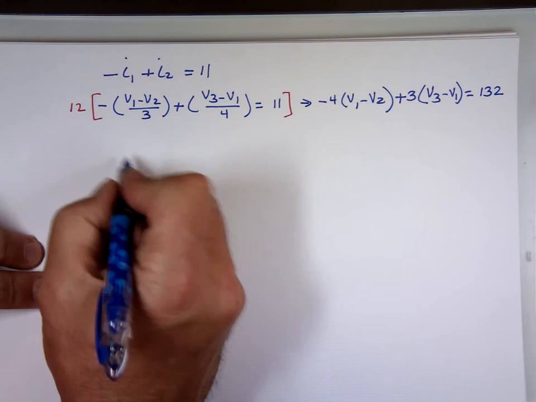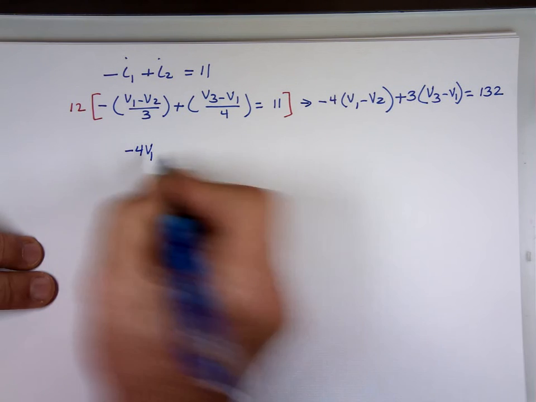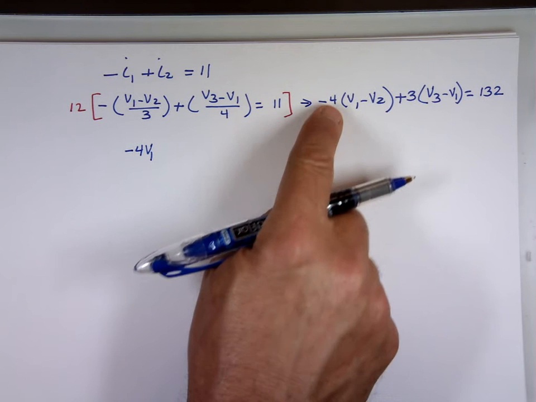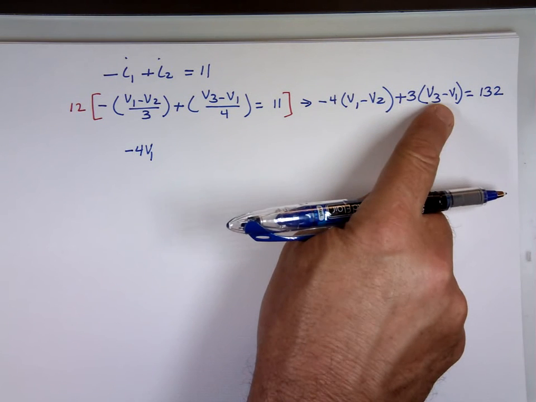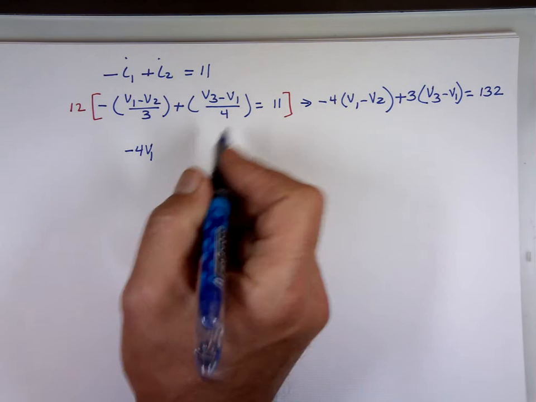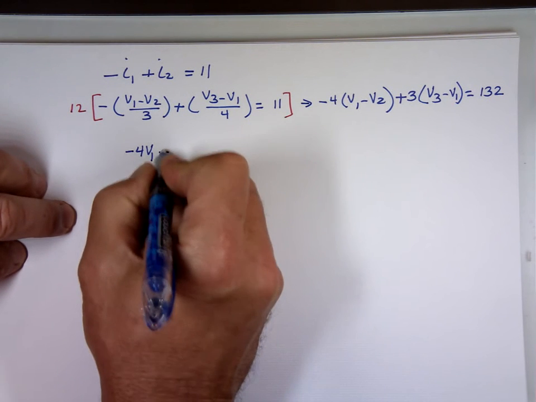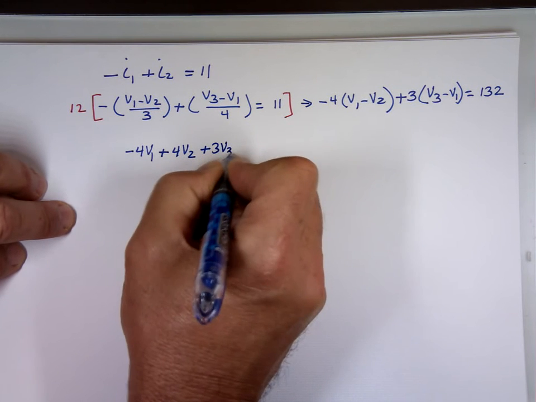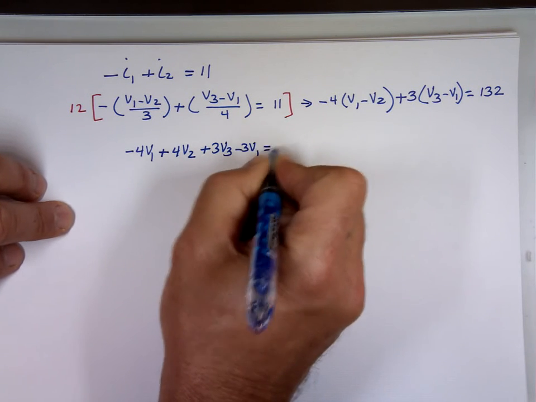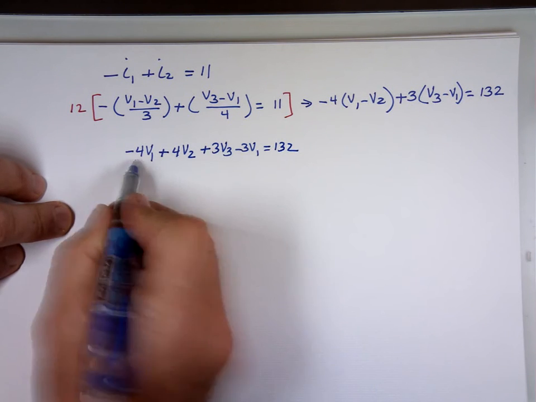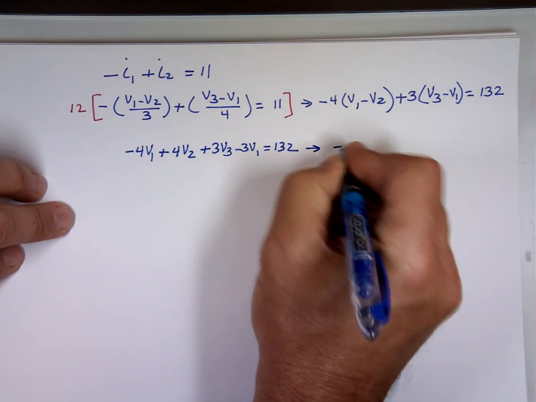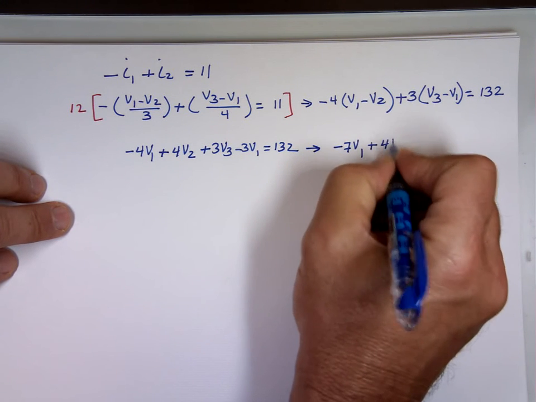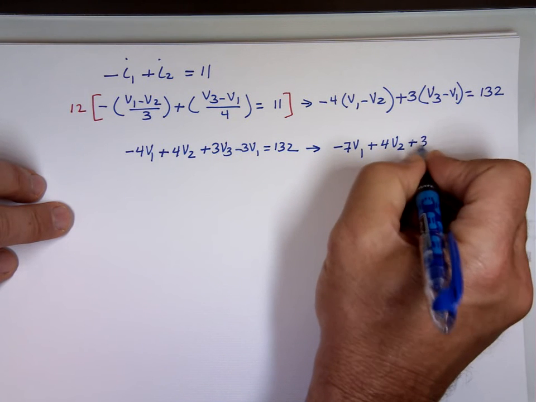Negative 4 V1. Oh, plus 3, that makes it negative 1, right? There's negative 4 on this side, plus 3 on that side. Actually, that's a minus 3. You know what? It might be better to just do it slowly there. What's negative 4 minus 3? Negative 7 V1 plus 4 V2 plus 3 V3 equals 132.